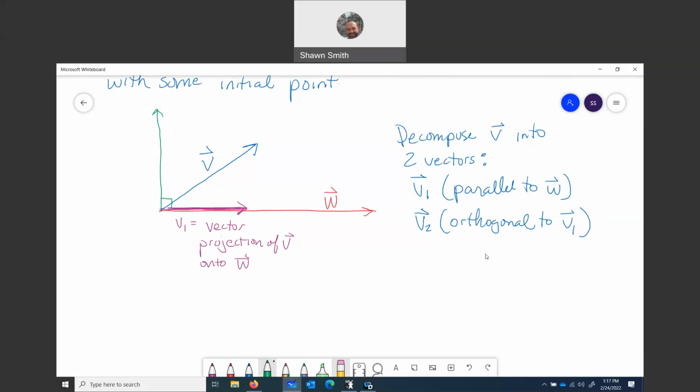Now, I don't know how long these vectors that are drawn are. They might not be this long. It might be really short, it might be much longer. I don't know, but that's the concept. So this is V2.